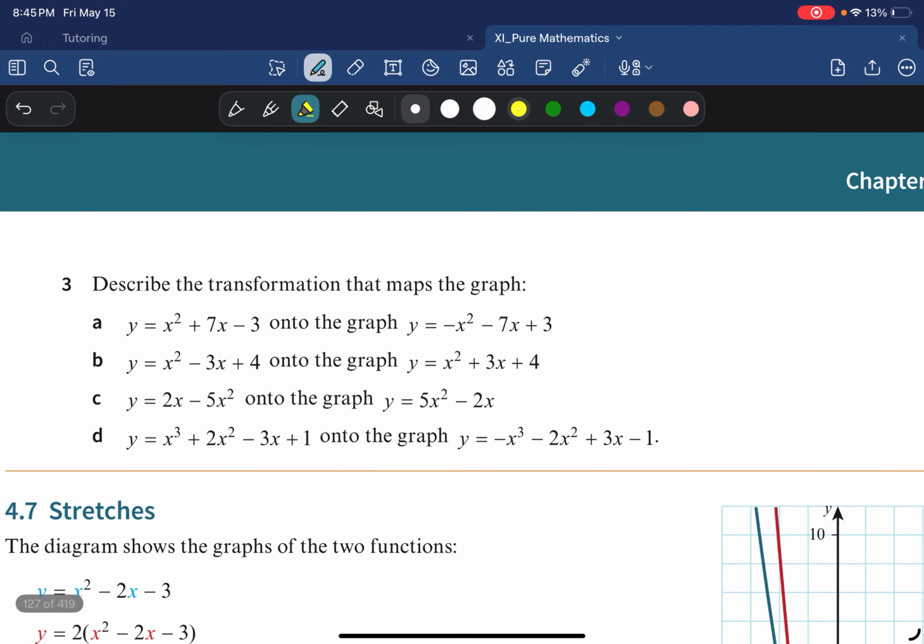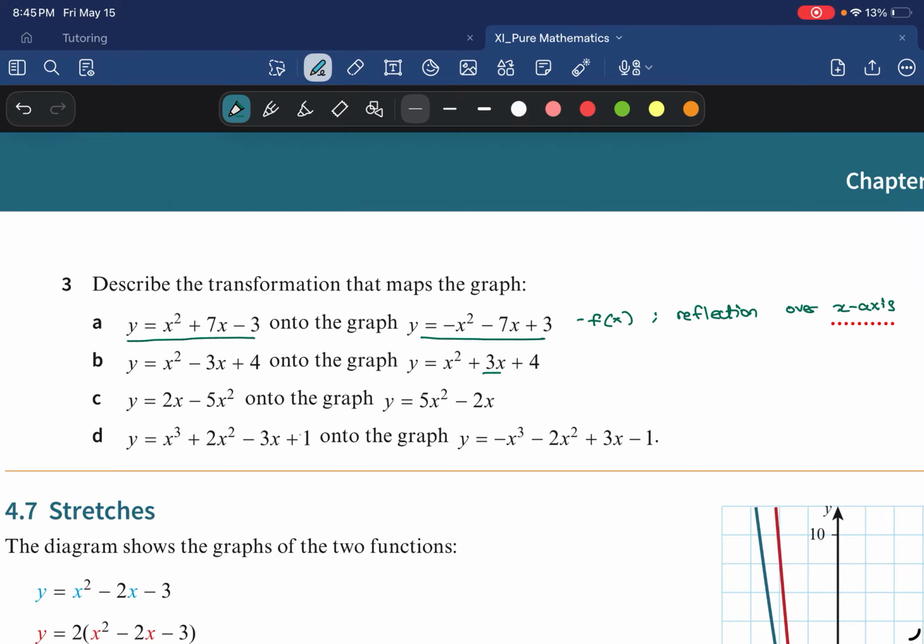And finally, we have question 3. So this is f of x. This is f. So this is minus f of x, right? If you take the negative of each term, you get this. So this is a reflection over the x-axis. Then we have this expression. The sign of the middle term has changed.